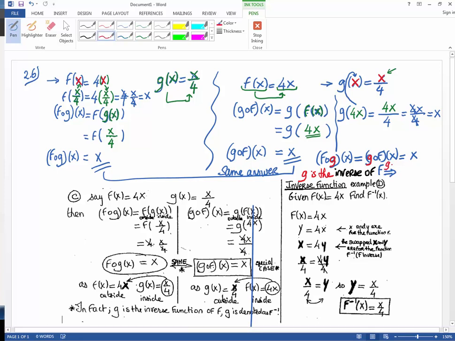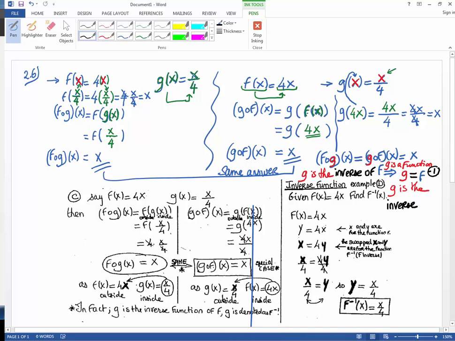Now, because g is a function, and that's a key fact, then we'll write g is equal to the inverse of f. Whenever you see this little negative one here that looks like an exponent, which is not an exponent by the way, it means that we have an inverse relationship.